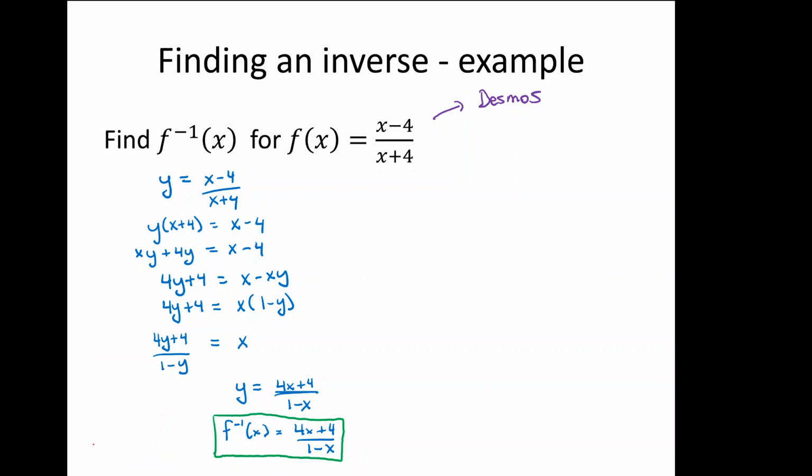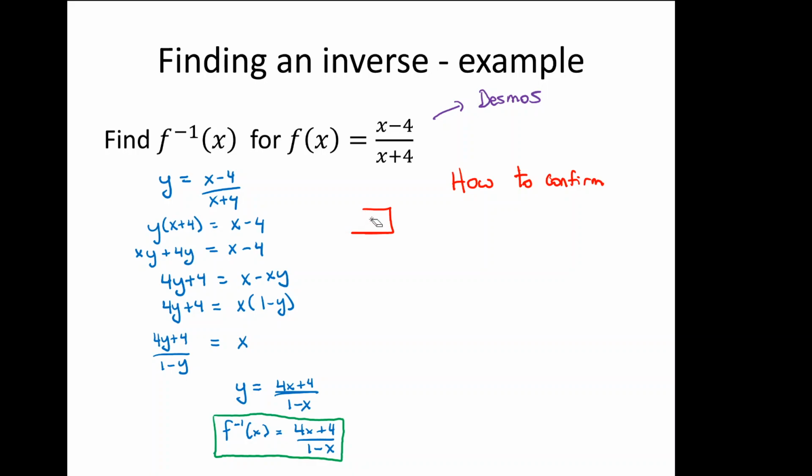How do you test this? So how to confirm you didn't make any mistakes? And it really isn't a proof. It's less than that. We're going to plug some numbers into this function, f of x, and we're going to plug the result into f inverse of x. So you can do it the other order if you want.